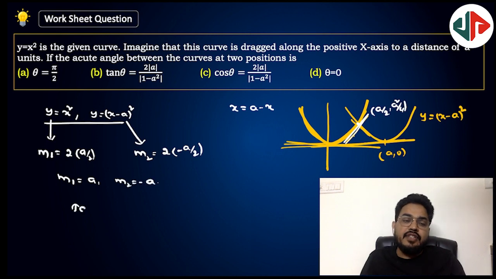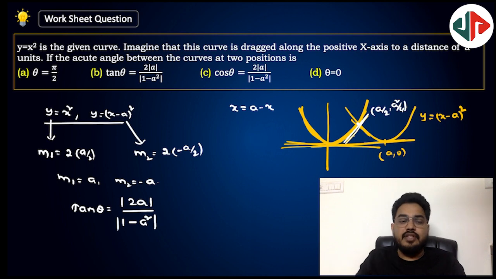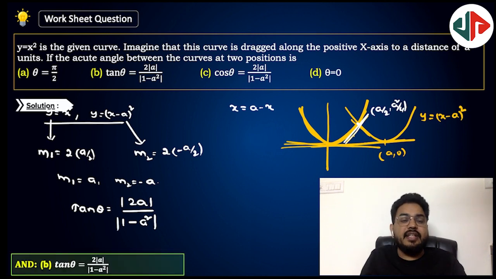The angle between these two: tan theta is equal to modulus of (m1 minus m2) by (1 plus m1 m2). So what is the answer you will be getting? Tan theta is equal to 2 mod a by modulus of (1 minus a square).